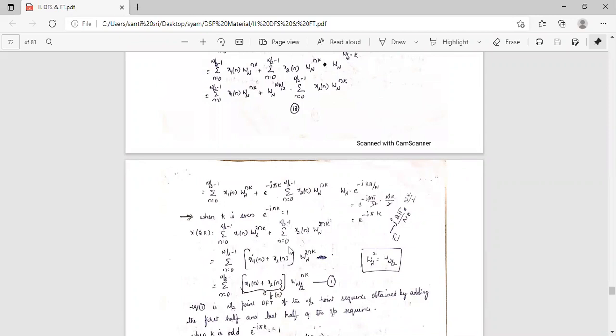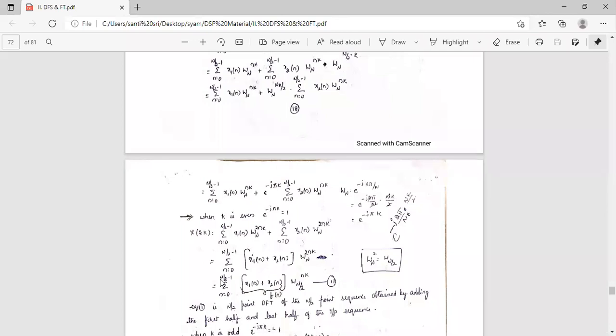Then sigma n equals 0 to N/2 minus 1 x2 of n into W_N^(2nk), right? So sigma n equals 0 to N/2 minus 1 is taken as common, x1 of n plus x2 of n into W_N^(2nk), or we can write W_N squared as W_{N/2}. W_N power 2 can be written as W suffix N/2, to the power nk, right? So this is equation number 11.